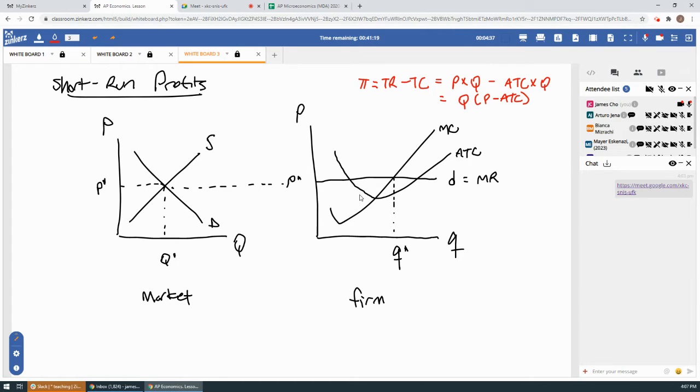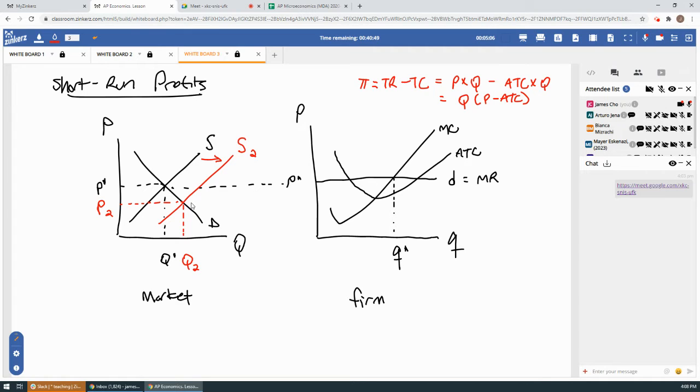When these new firms join, they're producing the same homogeneous good as every other firm, so we see an increase in the number of sellers. That means the market supply for this product is going to increase, and in the market we arrive at a brand new equilibrium price, P2, and a brand new equilibrium quantity, Q2.